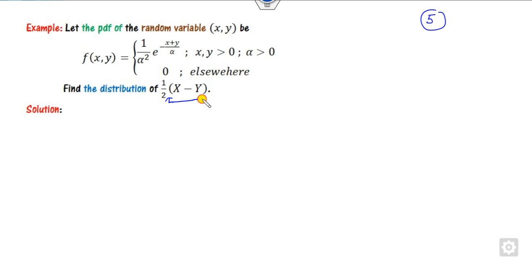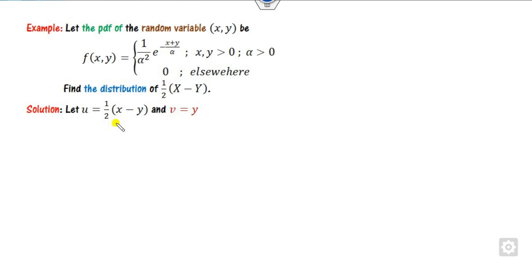So you have to find the distribution of half x minus y. I can consider this as u. Since we need one more variable v, which is not given to you, you can consider it as x, or as y, or as a combination of them, any one of them. Make sure that you take v in such a way that whenever you compute the Jacobian, it will be non-zero.